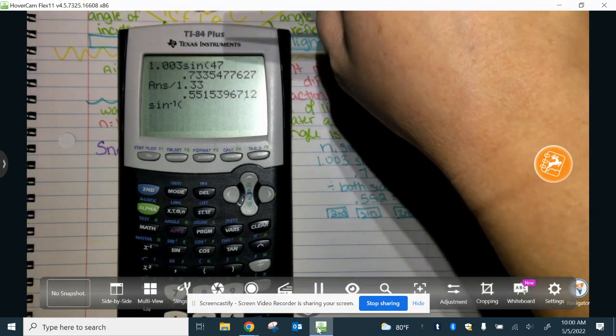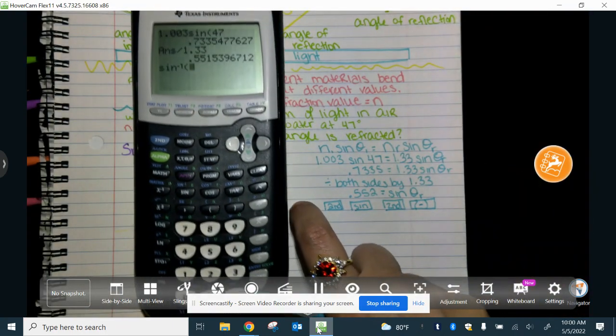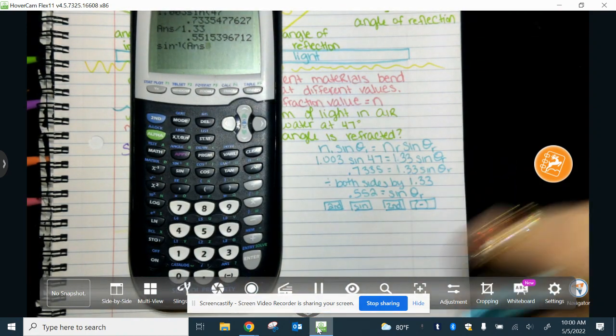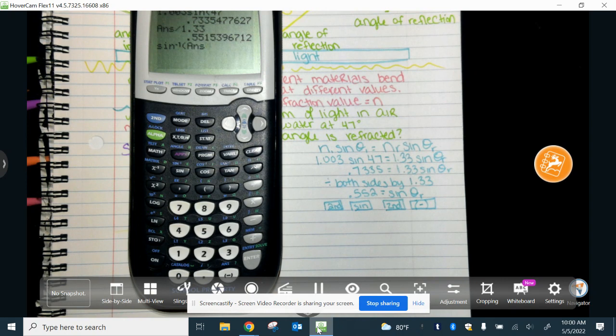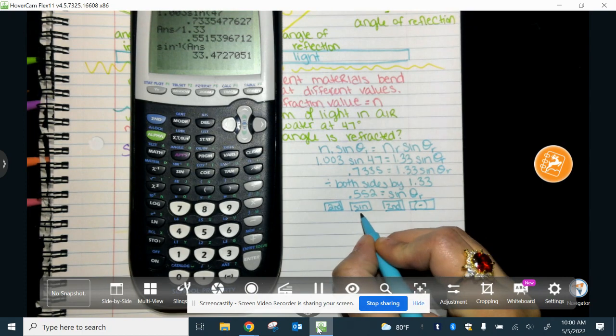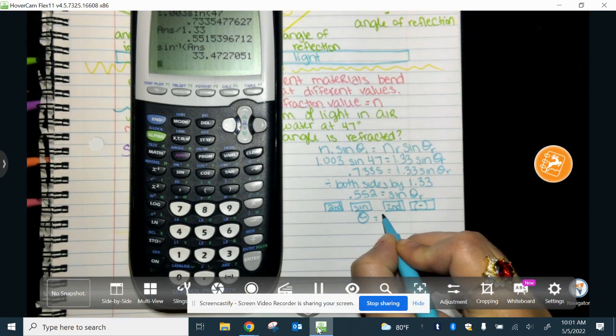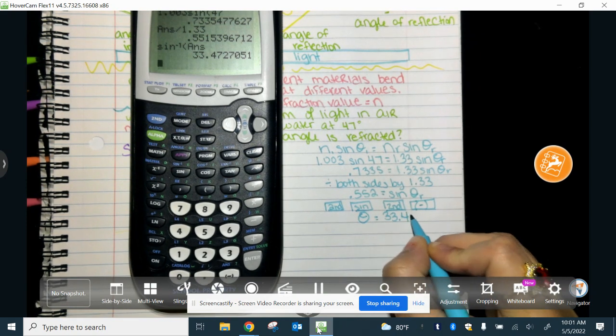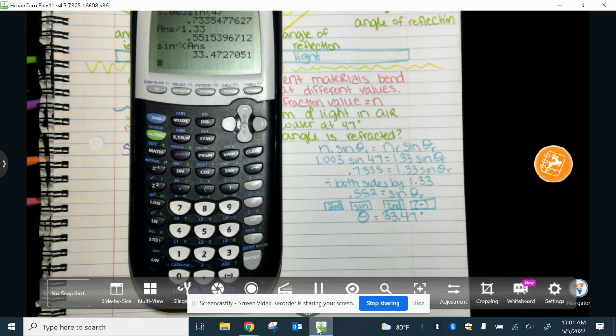Then second, negative puts my answer from the last problem there, so I don't have to type it all back in. Then you hit enter. Theta is equal to 33.47 degrees.